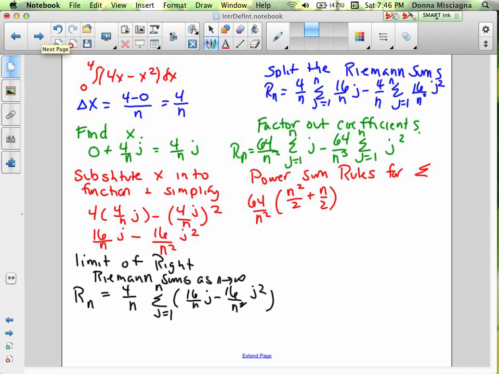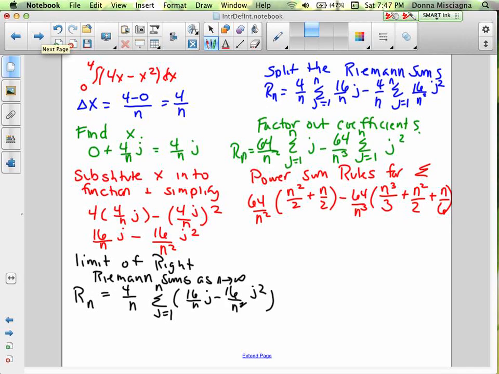Then we have a minus 64 over n cubed times, and the sigma of j squared, using the power sum rules, will become n cubed over 3 plus n squared over 2 plus n over 6.